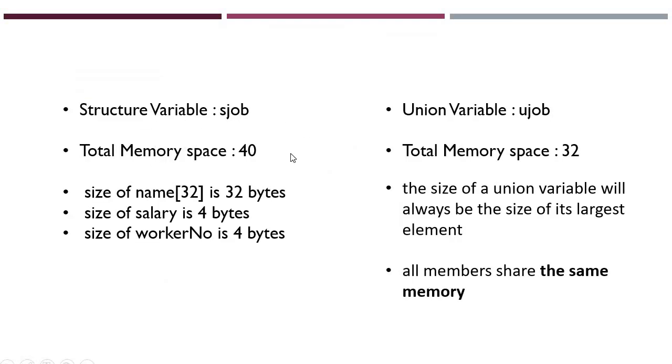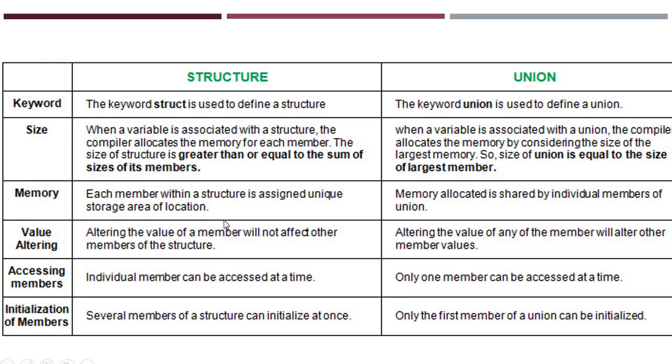For the structure variable s job, the memory is 40. You can see how many bytes have been allotted: salary, work number 4, and for this 32. In case of union, the total memory space is 32. The size of a union variable will always be the size of the largest element. All the members have to share the memory.